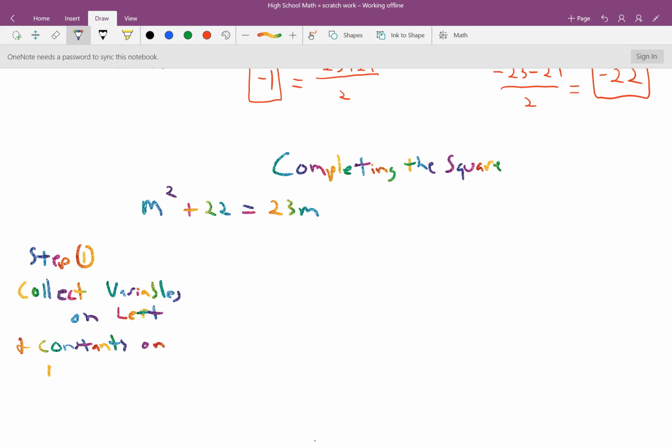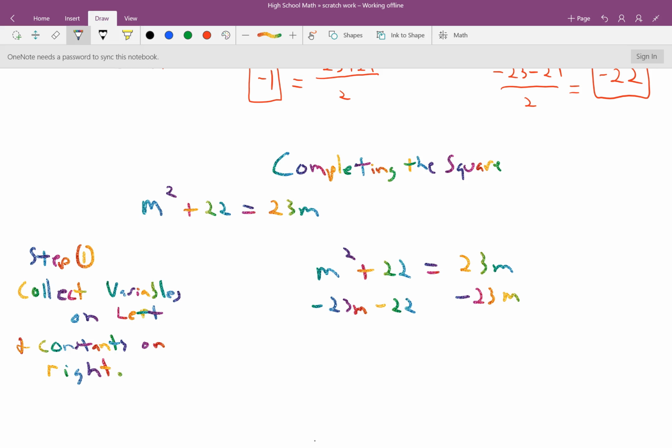So this is a little bit different than the previous methods in that we're not setting it equal to 0. We have m squared plus 22 equals 23m. We're going to get the variables over here and the constants over here. So I'm going to subtract 23m on both sides, and at the same time, I'm going to subtract that 22.